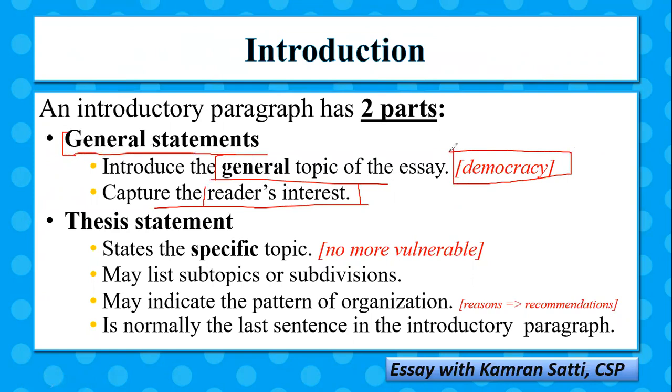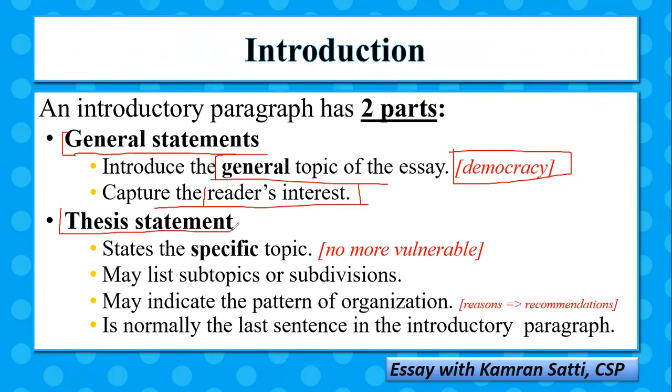Now, the word democracy is a very broad term. You can write anything about democracy, like it is the best form of government, it is a consensus based form of government, anything. But what specific thing are we going to write about in that particular essay? That will be defined by the thesis statement.